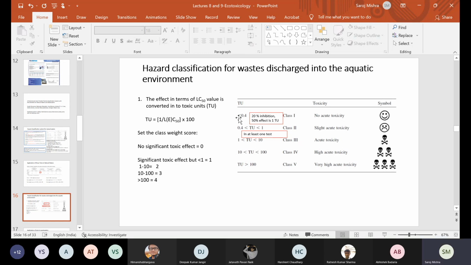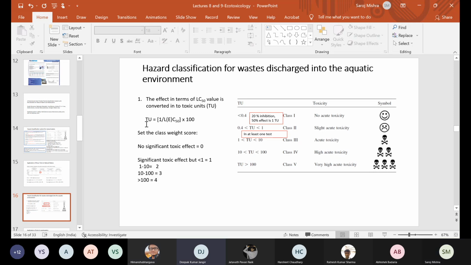And if the value is very, very high, then you have to make dilutions of your sample, and use the dilution at which you are getting the 50% value, and that is translated into a toxicity unit classification. Maybe I will distribute some numericals to you so that you can actually see the relationship between the two.